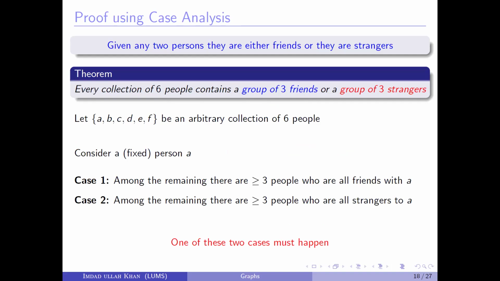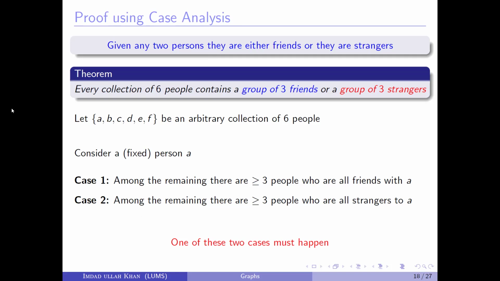So these two slides, this one and the next one, are exactly same as those which we had already discussed in combinatorics. So from a pool of 6 people, fix a person A. Amongst how many people are remaining? Then out of those remaining 5 people, there will be at least 3 people who are all friends with A, or there would be at least 3 people who are all strangers to A. One of those cases must happen.